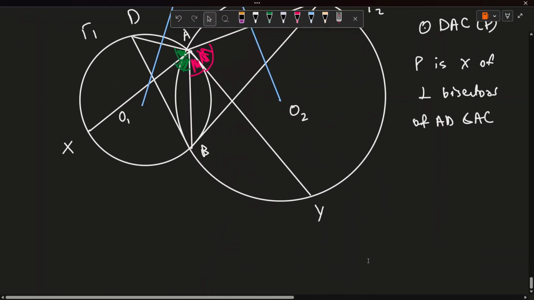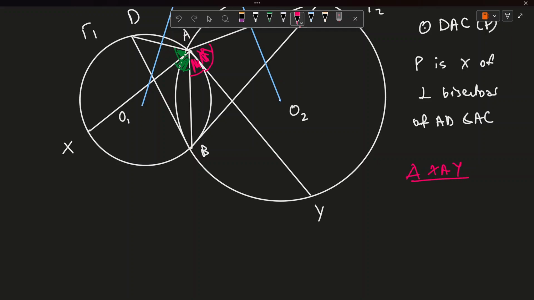And in a similar manner, in triangle XAY, we also need to find the circumcenter, which lies on the perpendicular bisectors of XA and AY.